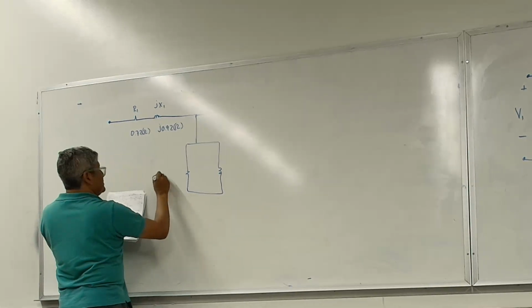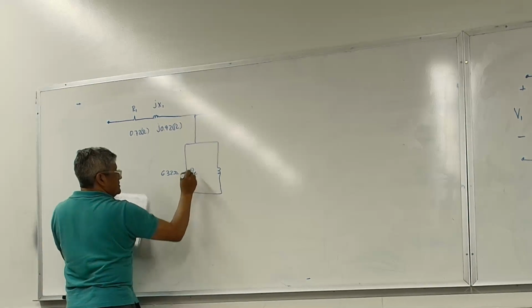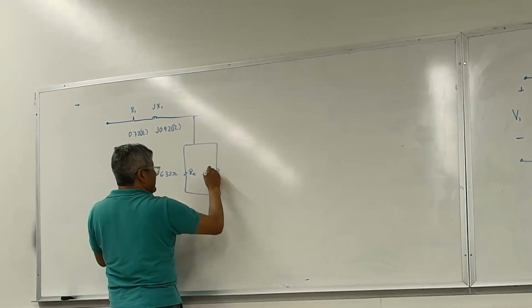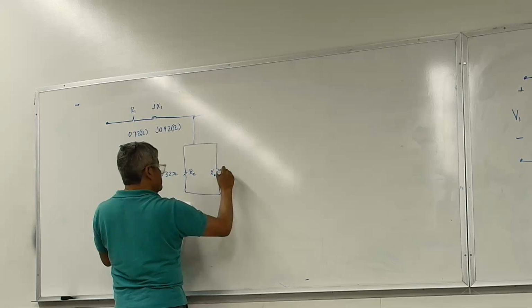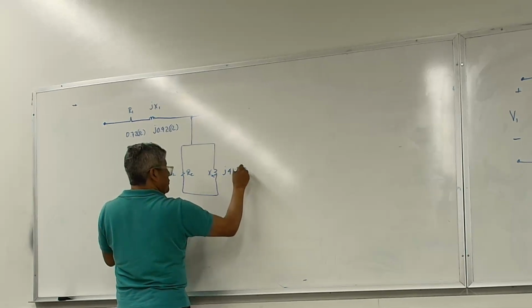This is 632 ohms, that's RC. And XM is equal to J 4,370 ohms.